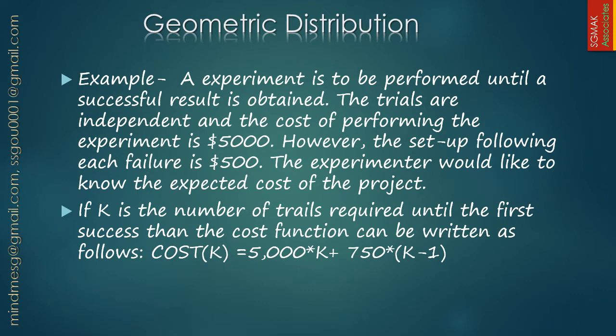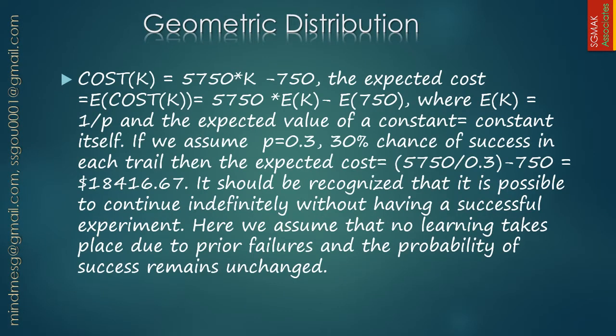So the cost function is 5,000 times k, because we have to perform the experiment k times. And we have one less setup, so 750 times k minus 1. So that's the cost function: cost of performing the experiment plus cost of setup. So the cost function can be written as 5750 times k minus 750.